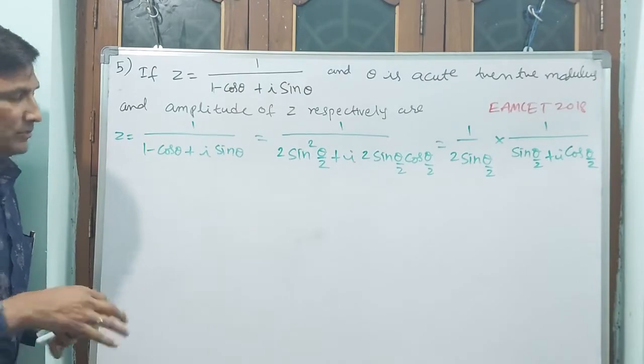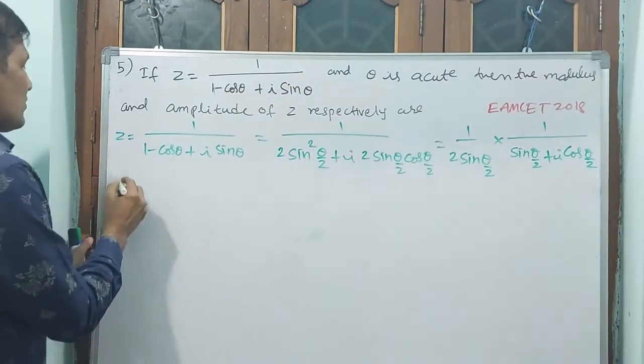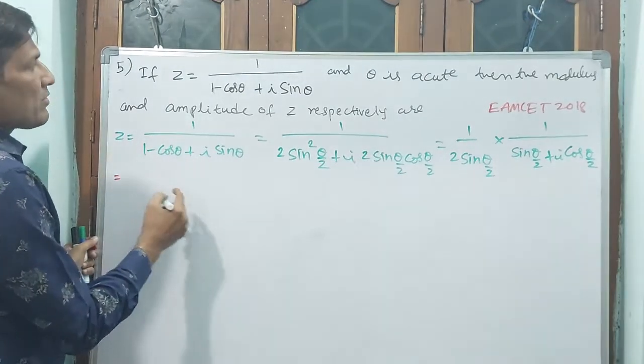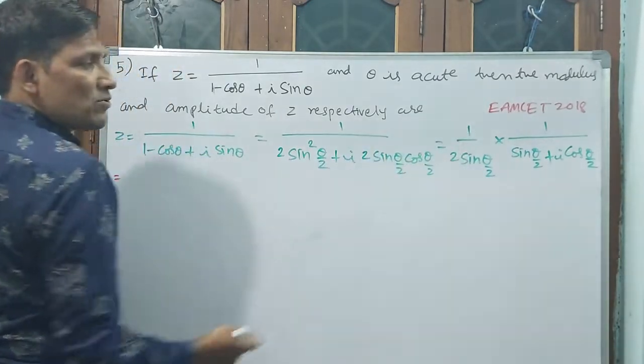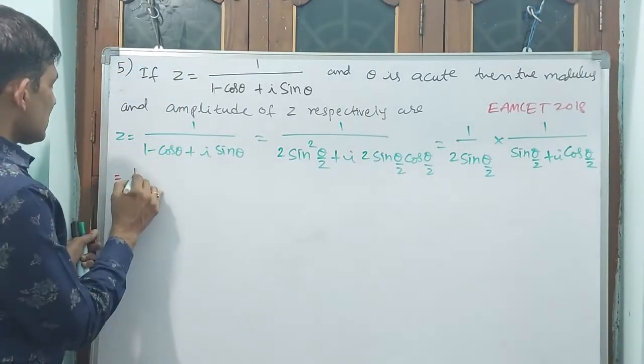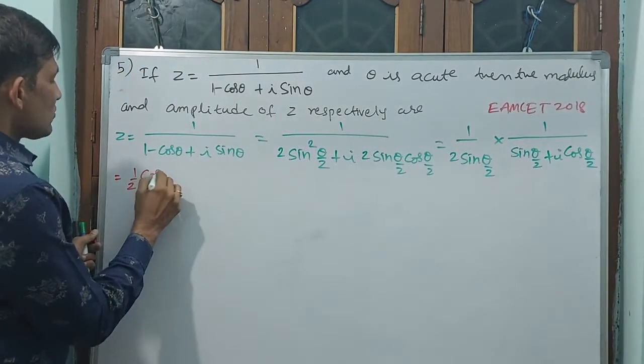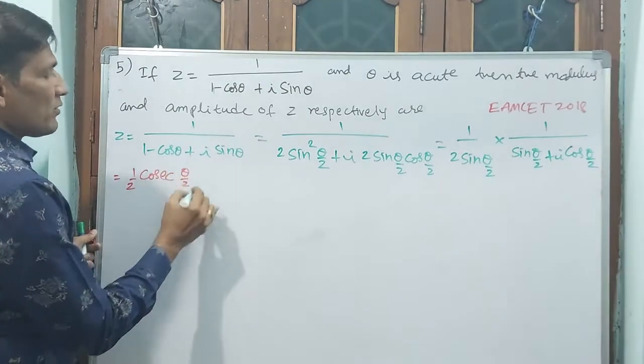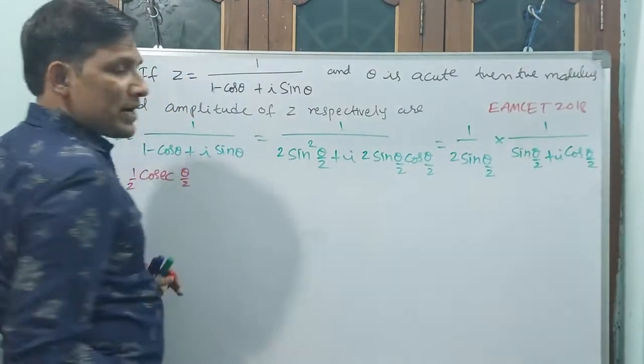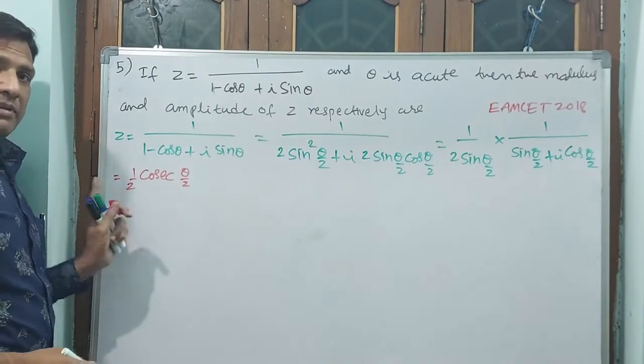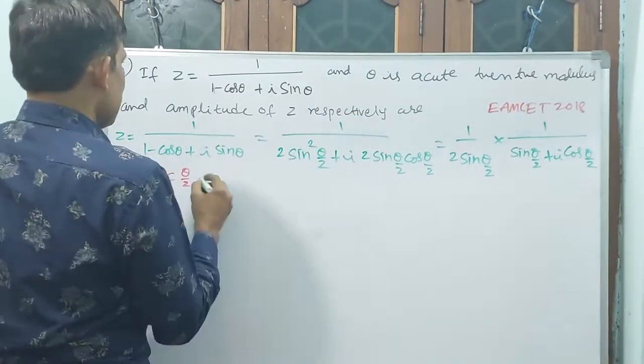That is equal to 1 by 2 sin theta by 2, shall I write cosecant? 1 by 2 cosecant theta by 2. Sin theta by 2, if it goes to the numerator, becomes cosecant theta by 2. I will keep this like this only, and let us proceed further.